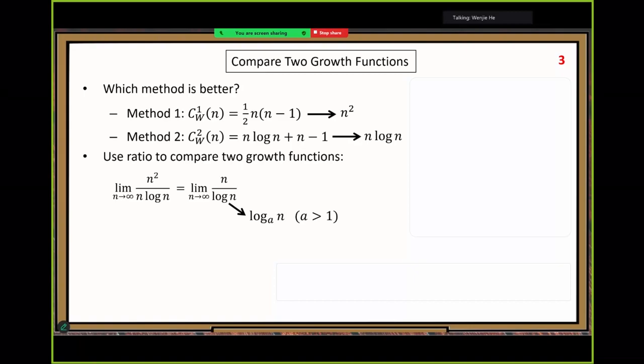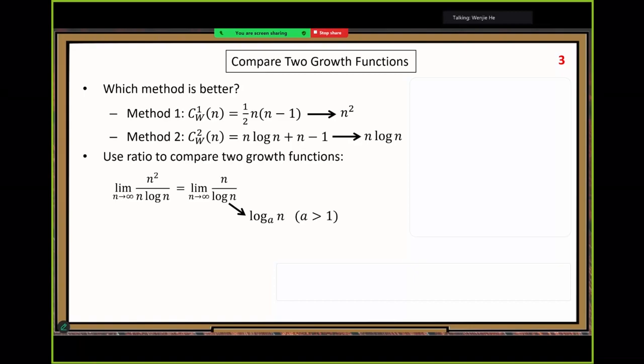We assume the base of log is greater than 1 because in this case the log function is positive. If the base is less than 1 and greater than 0, the log function is negative, so it does not make sense. Our counting function should always give us positive numbers.